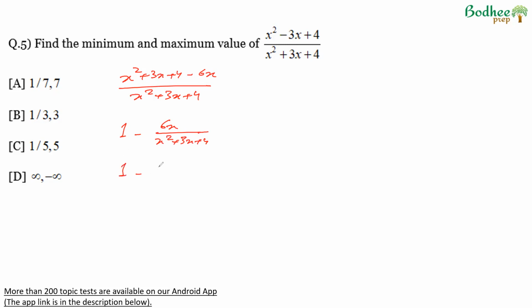Divide by x. X square by x is x. 3x by x is 3. 4 by x is 4 by x.